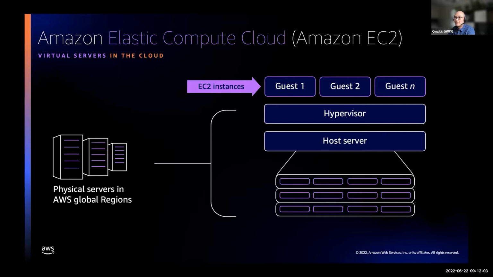So in each of these data centers, we have physical servers, and with the help of a hypervisor, we're able to partition resources from the host server into multiple guest systems, which we call EC2 instances.